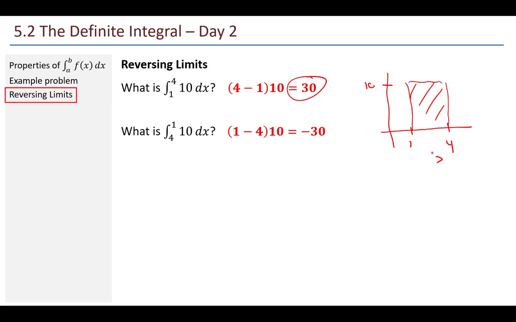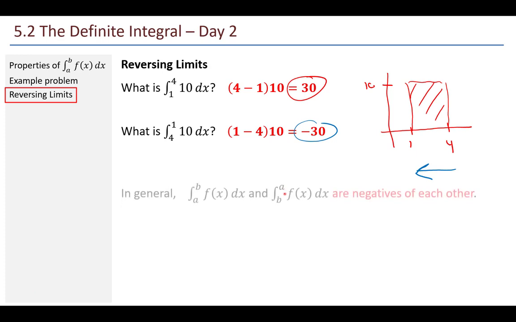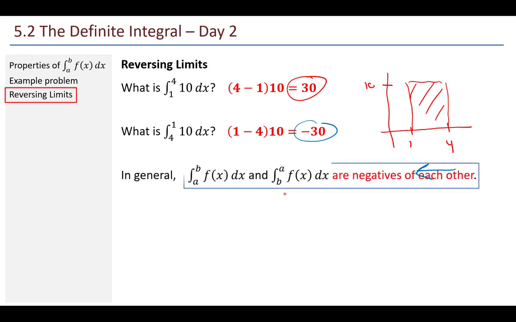But if I do something strange and I integrate in the backwards direction from 4 to 1, then I get a negative 30. In general, if I have two integrals that are exactly the same except the limits of integration of one are reversed from the limits of integration of the other, then these two definite integrals are negatives of each other.